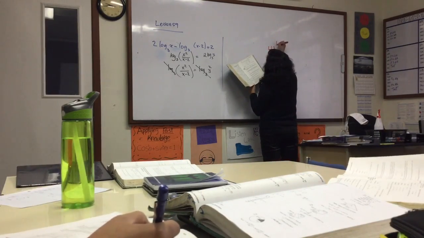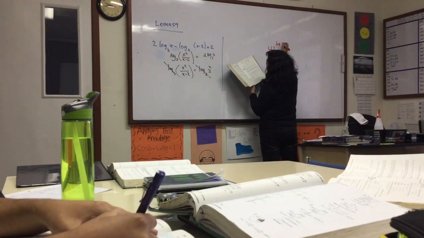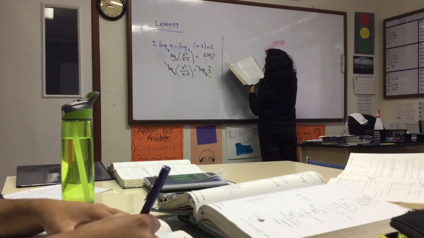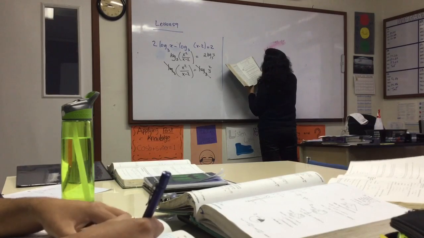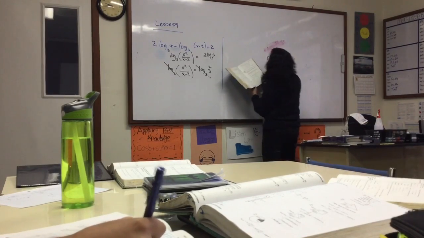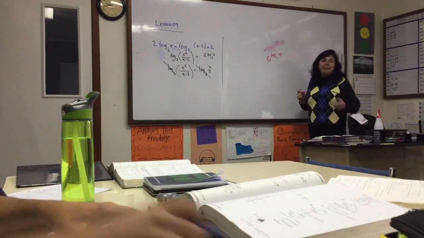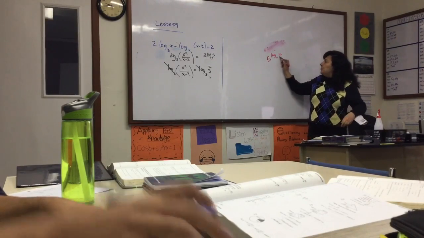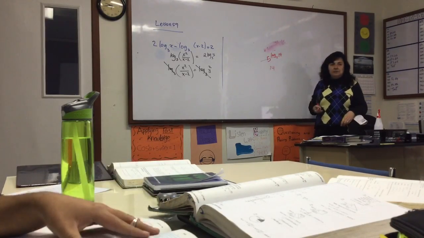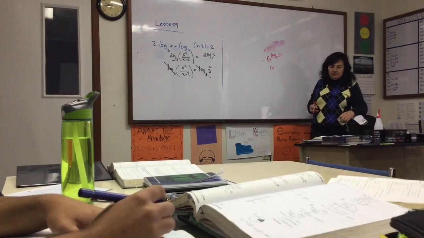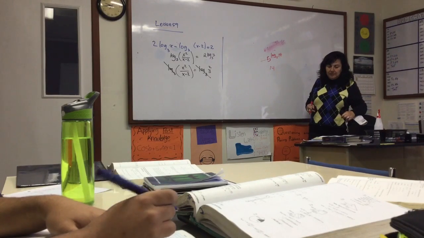So, we have 42 raised to logarithm base 42. I'll do this one. 5 raised to the logarithm base 5 of 14. This would be just 14, because it's 1.